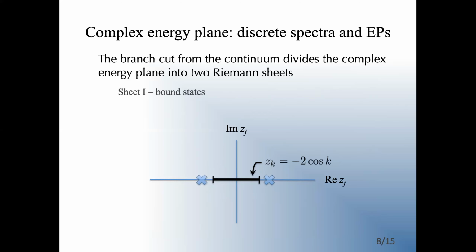In the first sheet reside the bound states, of which there are exactly two, one residing directly below and one directly above the continuum. In sheet 2 reside any other states, including resonant states, which would have a complex eigenvalue in general.